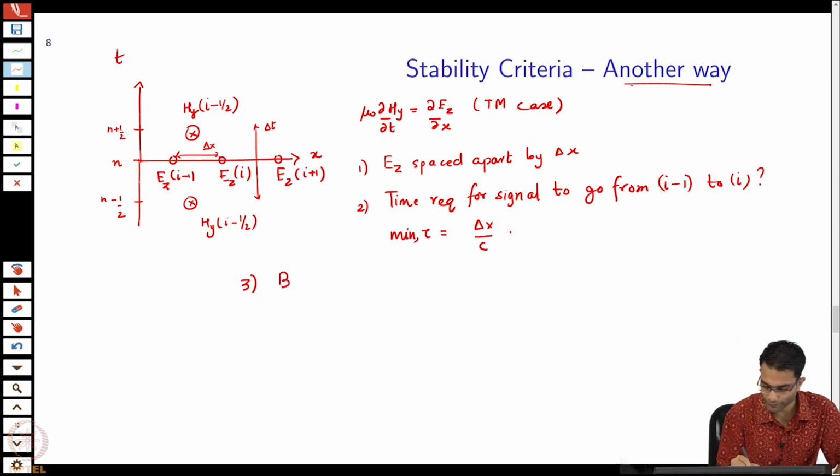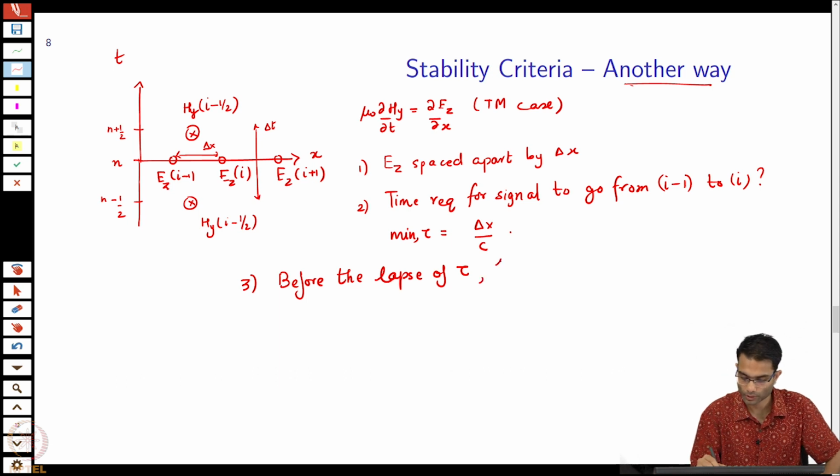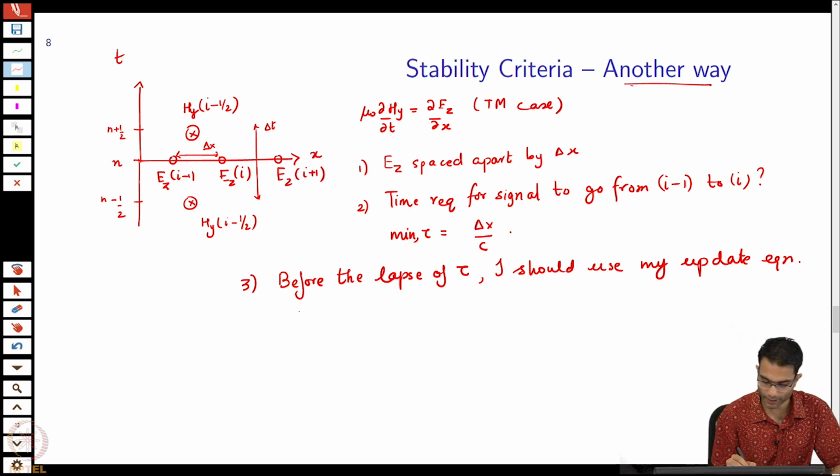Now, we can say that before the lapse of tau, I should use my update equation. What was my update equation? So, just look at this equation on top over here.